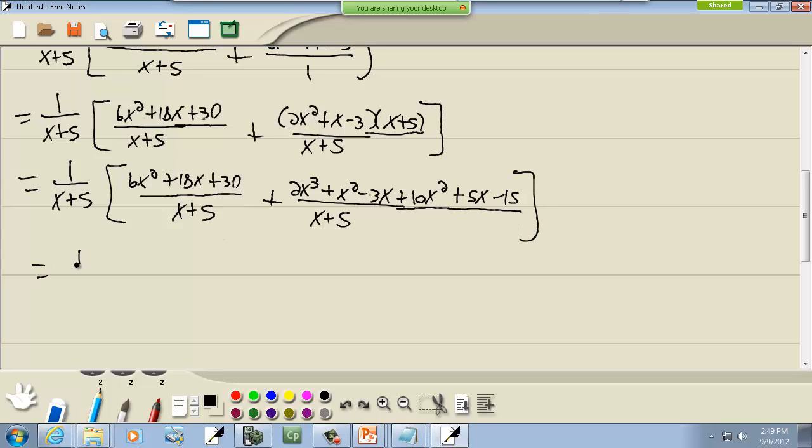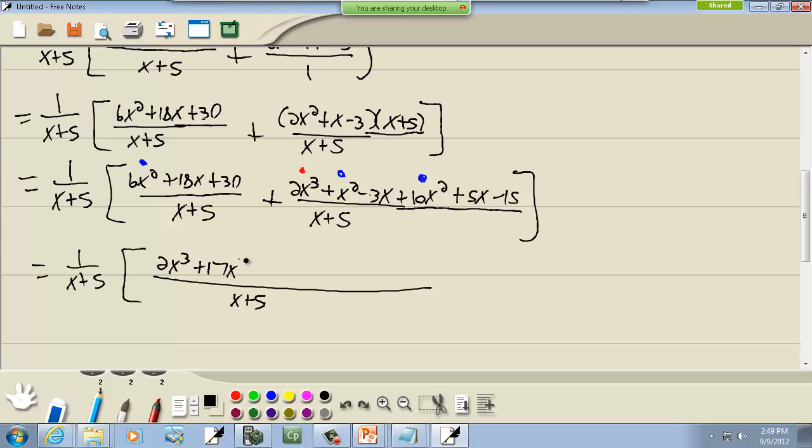Okay, now they both have a common denominator of x plus 5. So I'm going to merge them together into a single fraction. And I'm going to combine like terms. Here we have 2x to the third. Here we have a 6x squared, an x squared, and a 10x squared. 6 plus 1 is 7, plus 10 is 17.